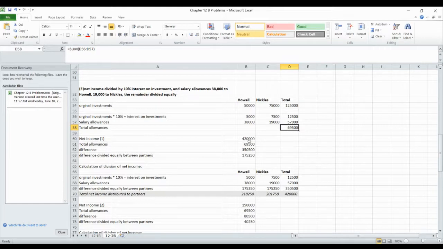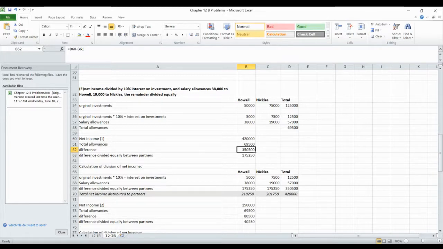Then we're going to take the net income of Part 1, which was given at $420,000. We're going to calculate the total allowances so far, which was $69,500. We're going to find the difference, and then it tells us to divide the remainder of that difference equally.